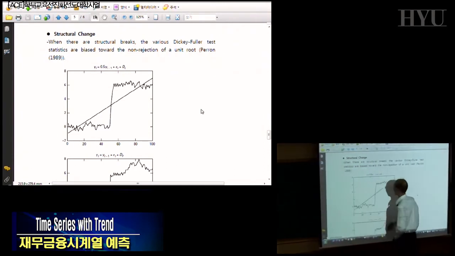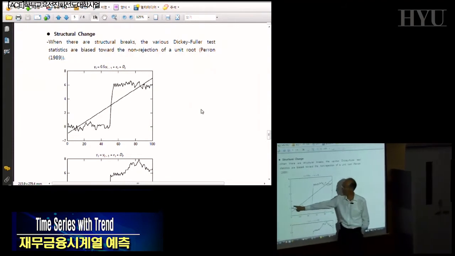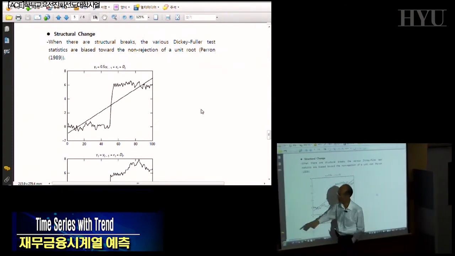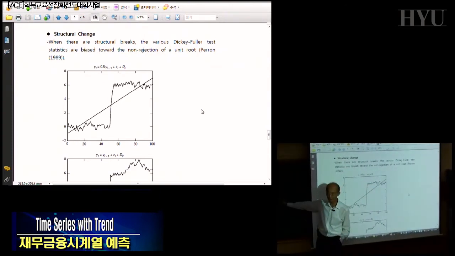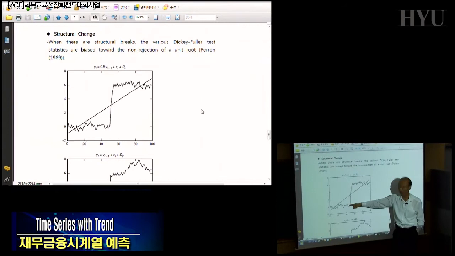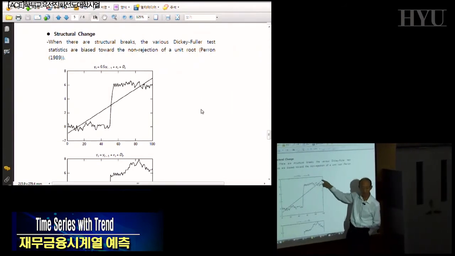So the data is basically yt equals AR1. So 0.5 satisfies this condition, right? So stationary time series. This is stationary time series. And this is also stationary time series.